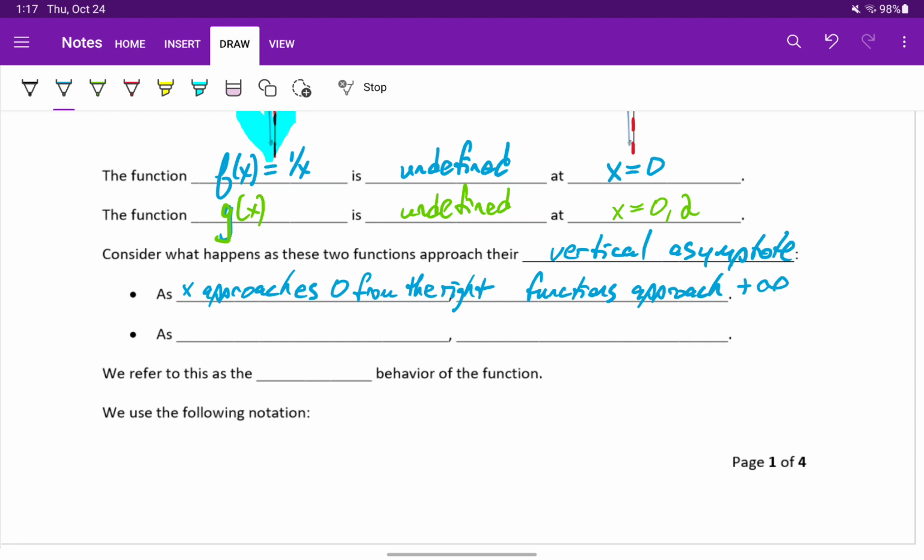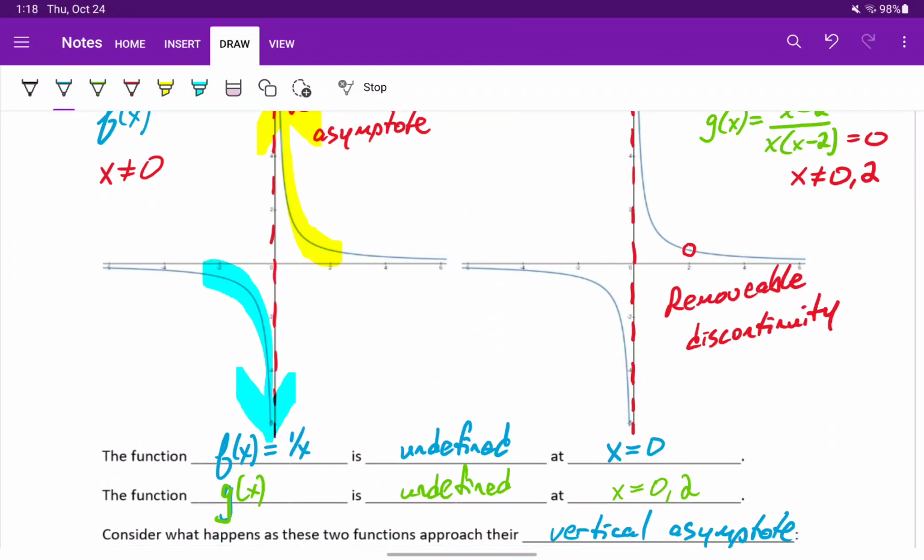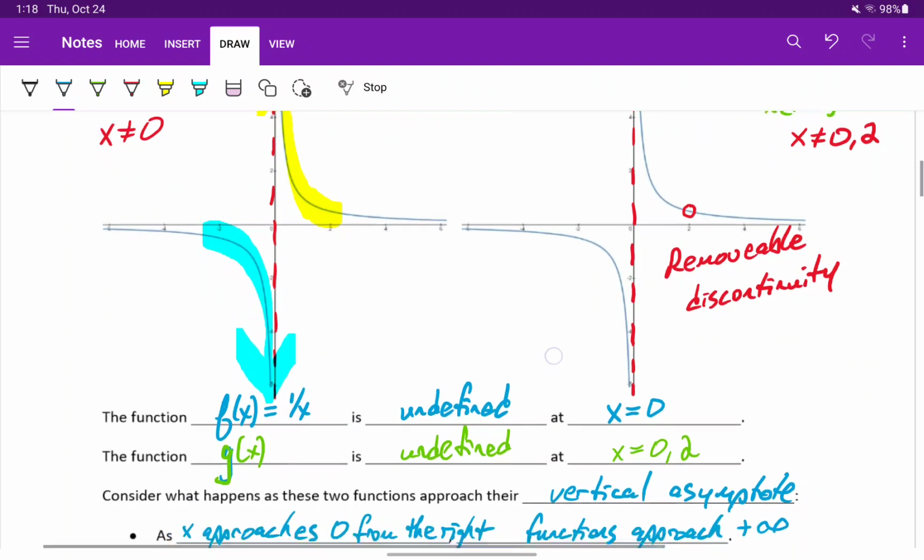As we approach from the right, we're approaching positive infinity, and as x approaches 0 from the left, our functions approach negative infinity. So what we're saying is, as we approach that asymptote from the two different sides, we can see that our function values are headed, in this case, in opposite directions. And that's what we're indicating here.